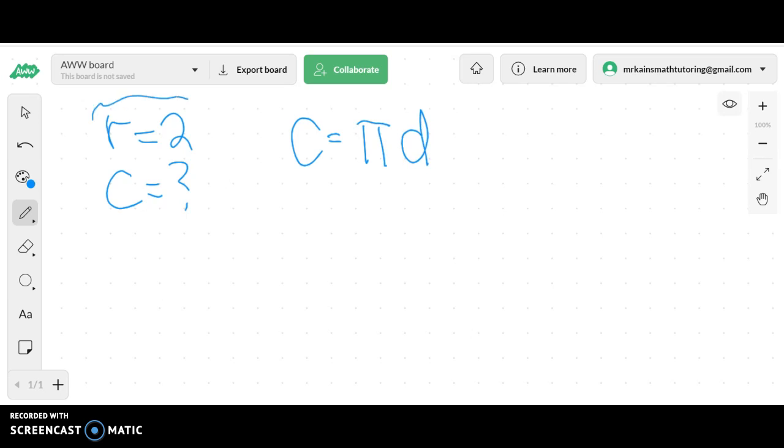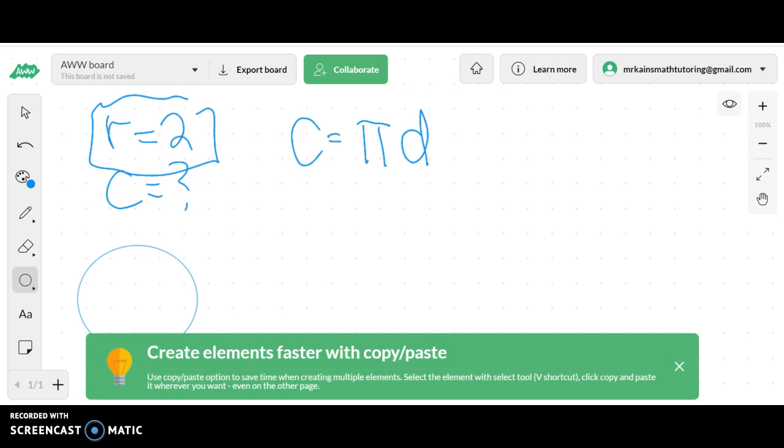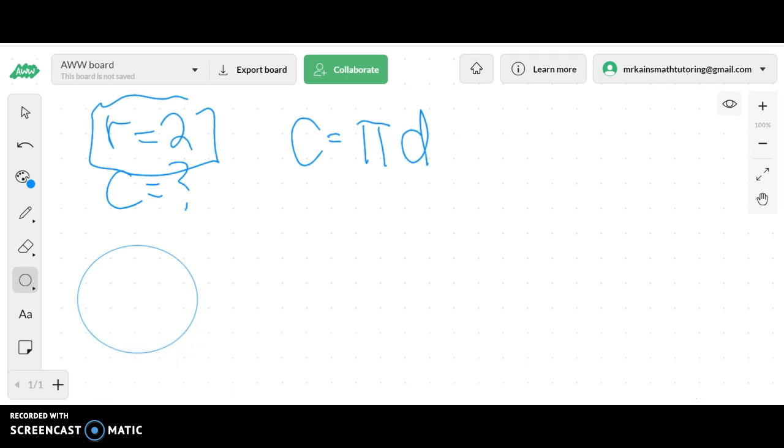We're given the radius. Let's go back and review again what this whole radius business is. If I have a circle and I want to draw my diameter, let's get our straight line here and draw a diameter. Here's my diameter.